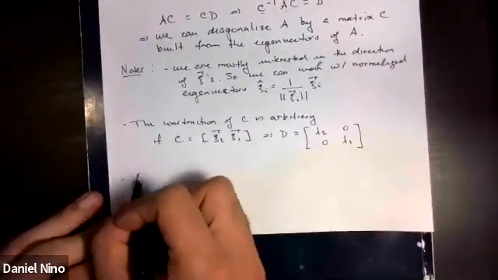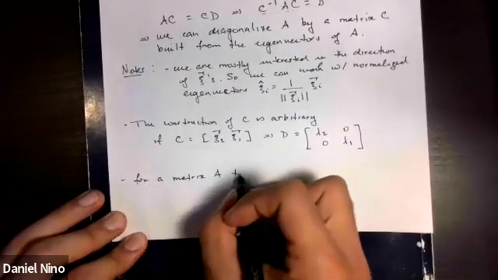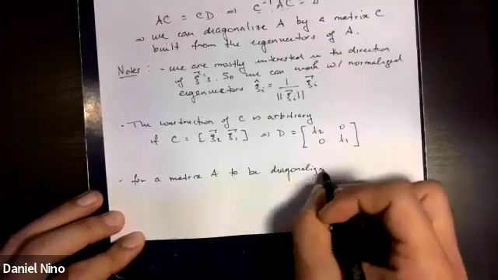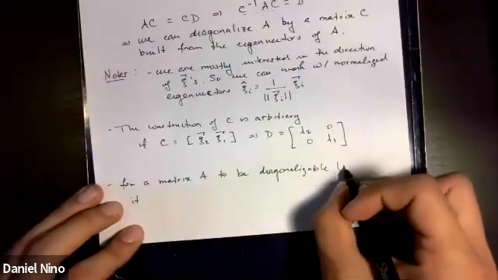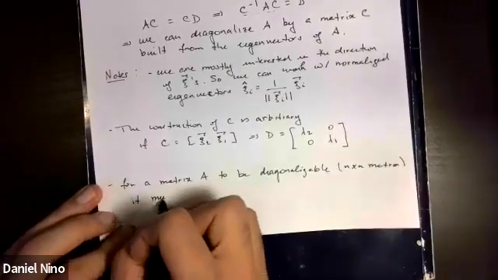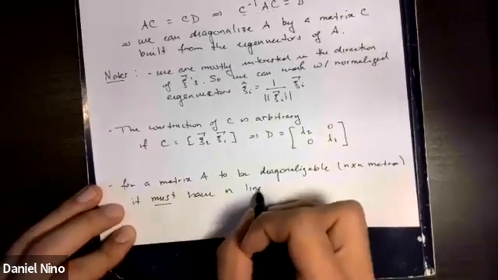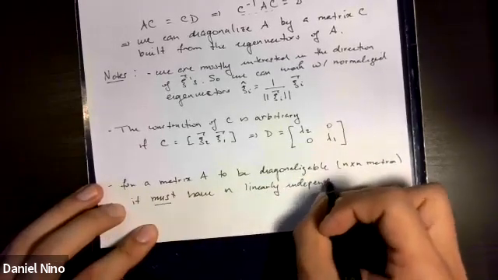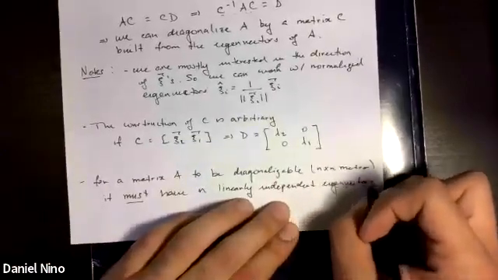A very important note is that for a matrix A to be diagonalizable, so for an n by n matrix A, it must have n linearly independent eigenvectors.